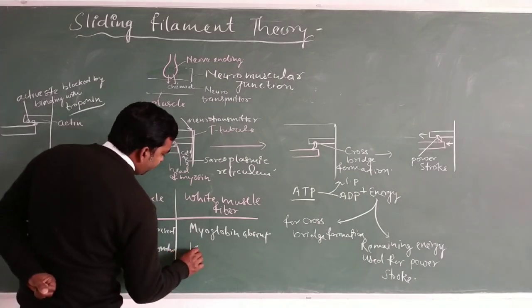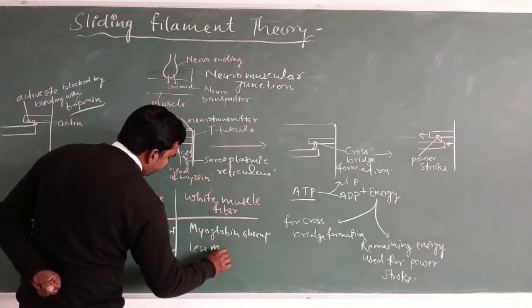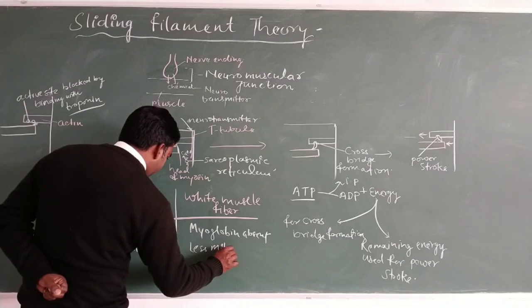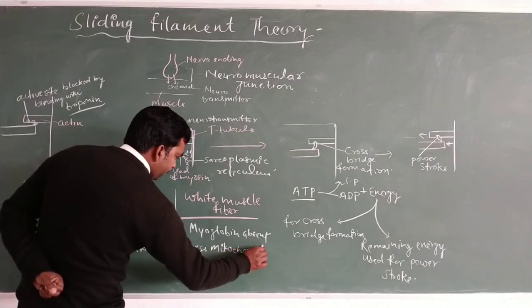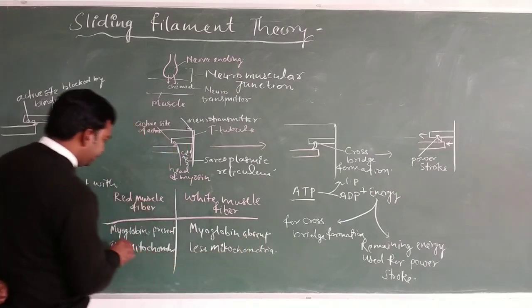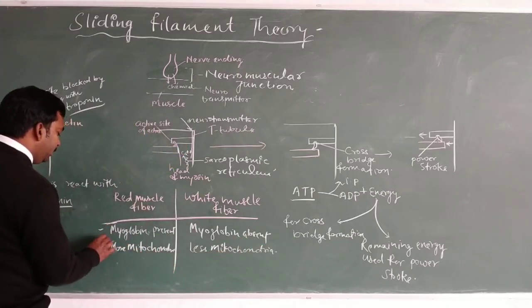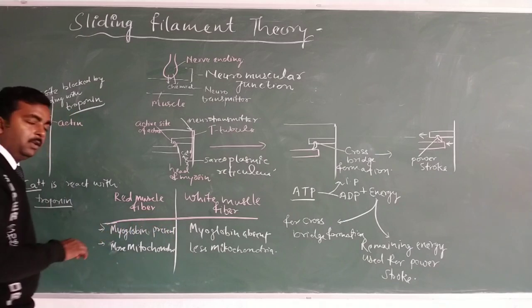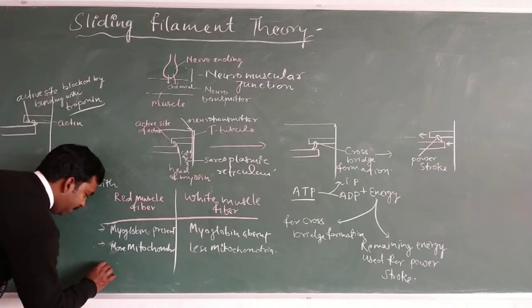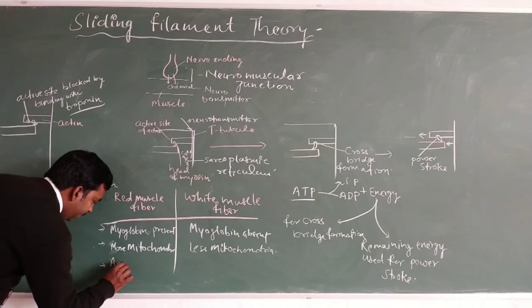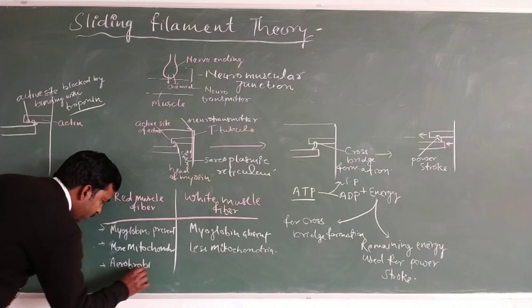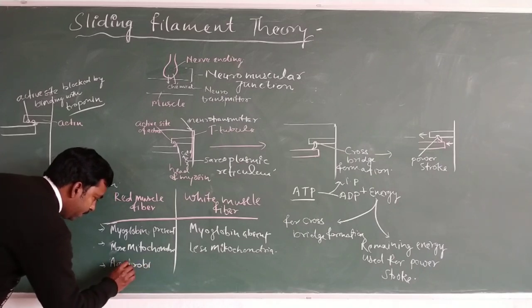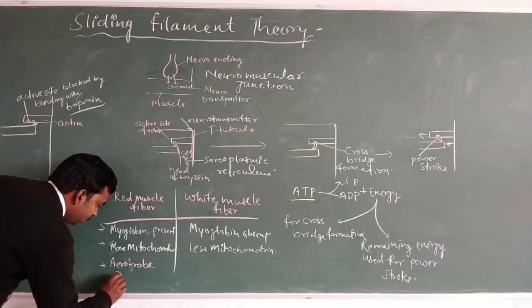Here, less mitochondria. So clearly, red muscle fiber is largely responsible for mostly aerobic respiration.